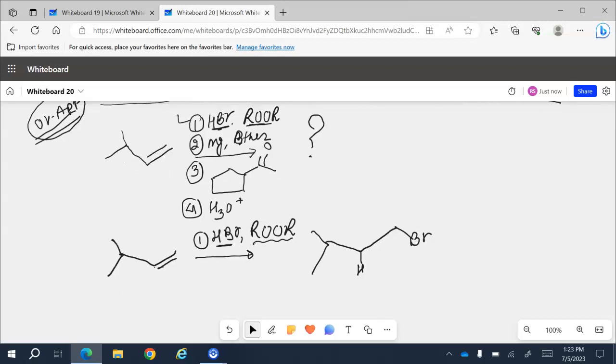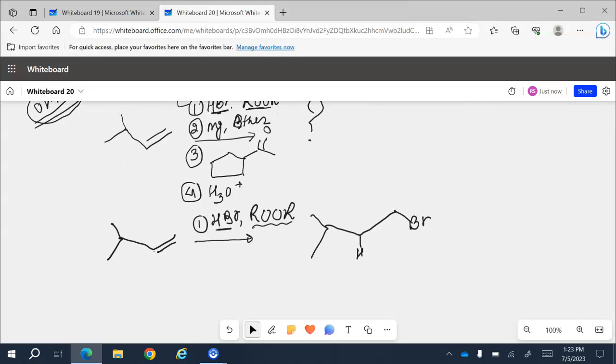Once you have the first step, you need to think of the second step. In the second step, you are reacting with magnesium in presence of ether as the solvent. In the first step you obtained the alkyl halide, which when reacted with magnesium in ether as the solvent results in the formation of the Grignard reagent.